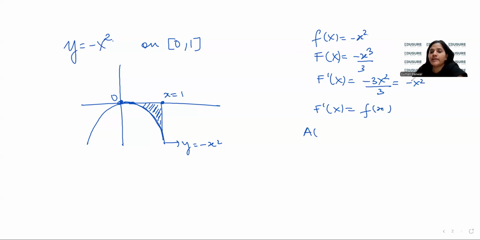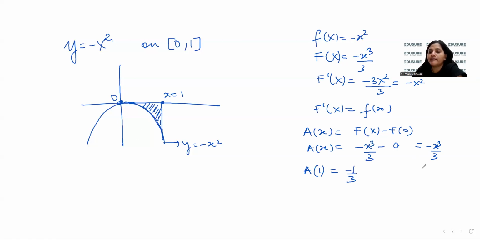So if you apply the original formula, which is F of x minus F of 0, you notice that this will be minus x cubed by 3 minus F of 0, which is 0, which is minus x cubed by 3. And if you calculate it at 1, it is going to be minus 1 by 3.